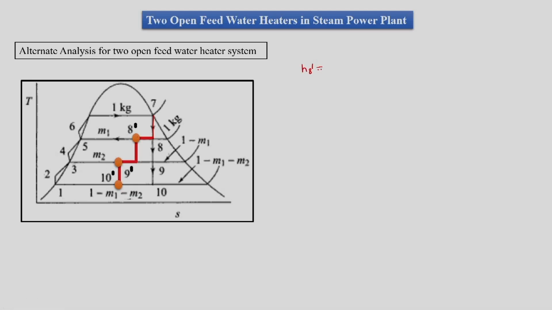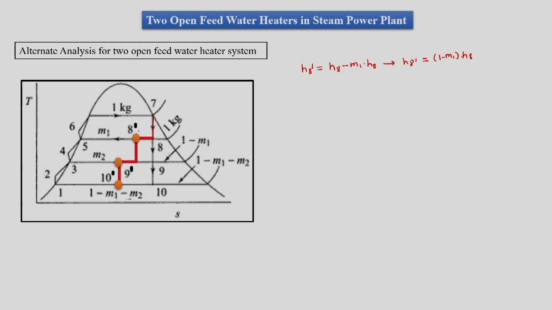So practically H8 dash is equal to H8 minus m1 into H8, so we have (1 minus m1) into H8. So H8 dash is equal to (1 minus m1) into H8.